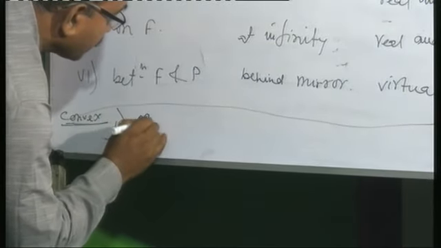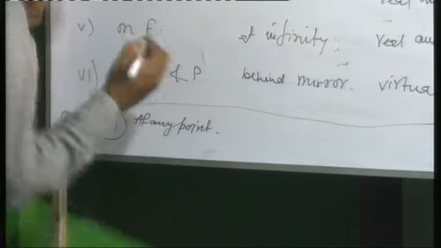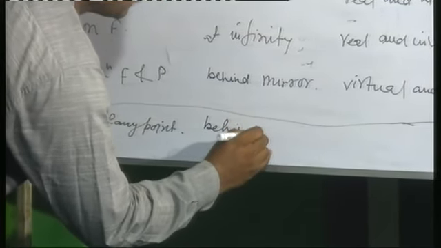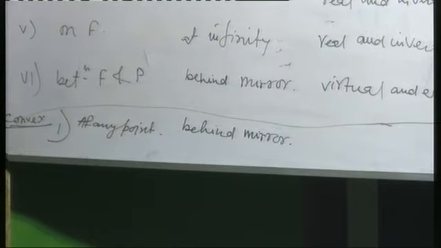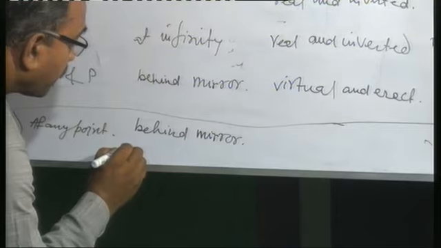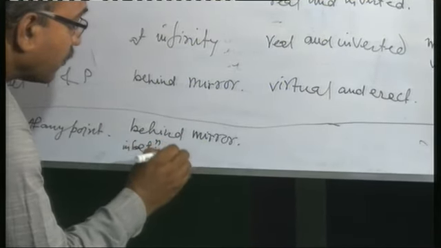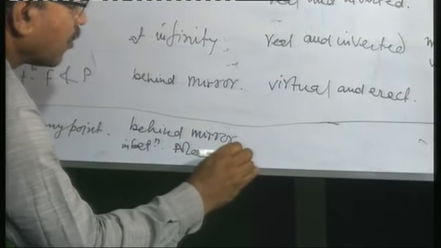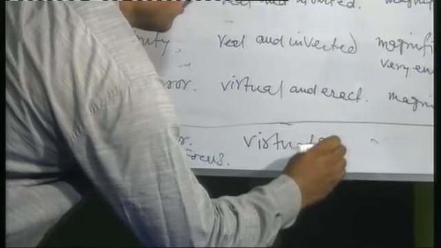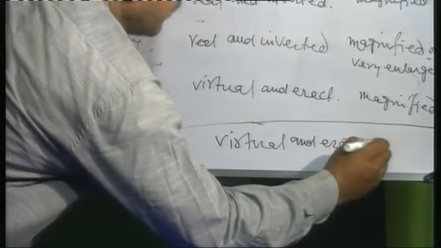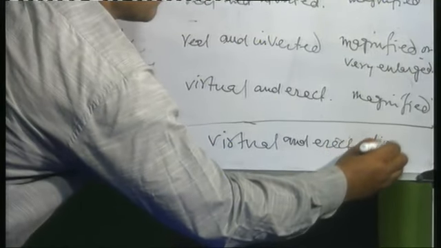The image is between pole and focus, virtual, erect and diminished.